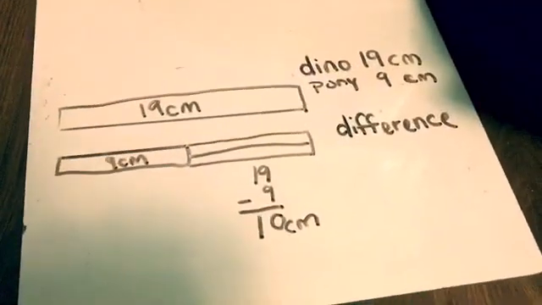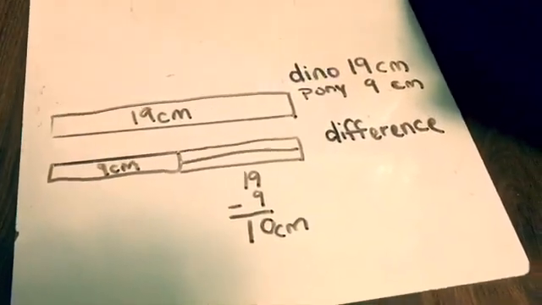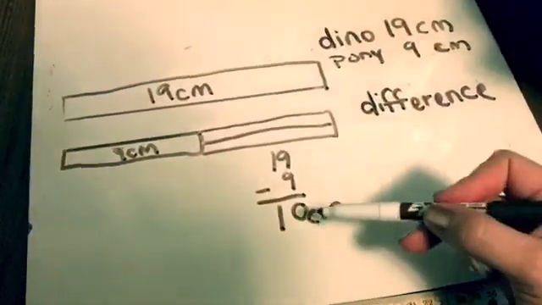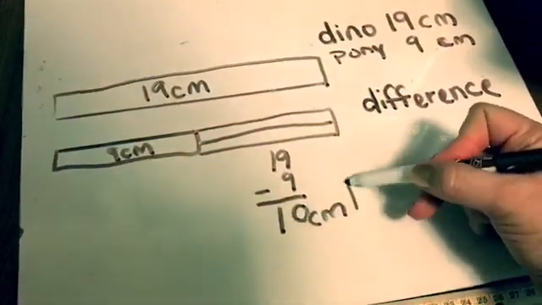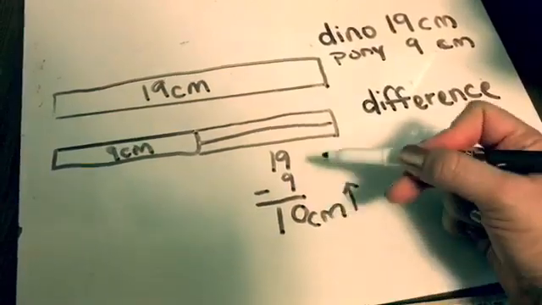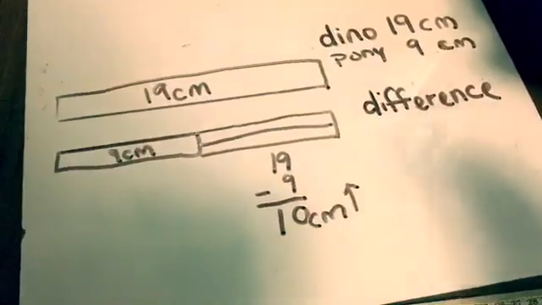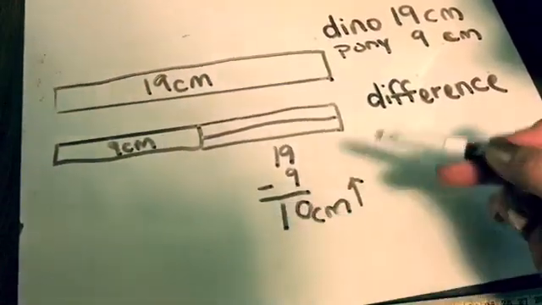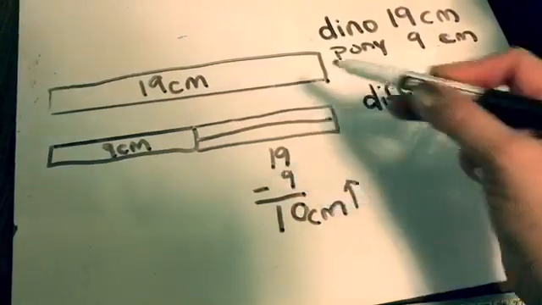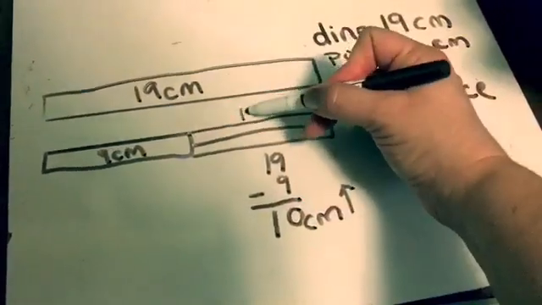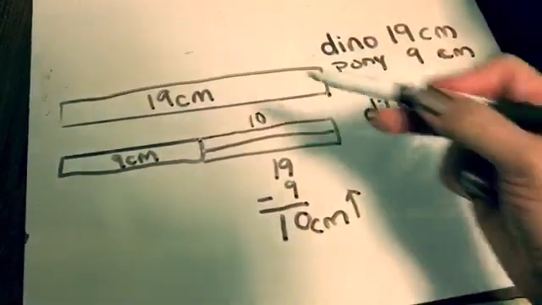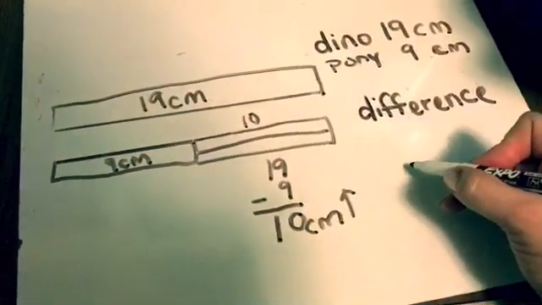So how do we check our work? Well, remember that subtraction and addition are opposite of each other. So if we add back up this way, 10 plus 9, so that way we add these two numbers together, they should equal 19 if we got our answer right, if we subtracted correctly.